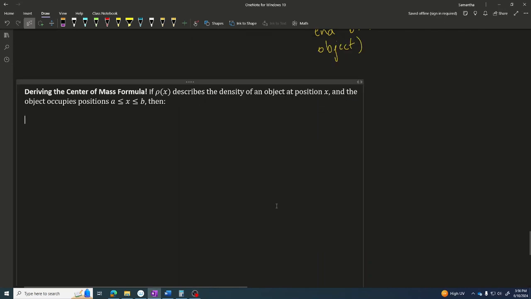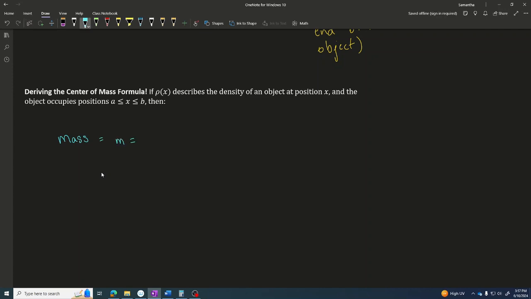If you have an object with a density function rho of x, which could be doing anything, and the object that you are working with occupies positions between what we can just generically call A and B, then if you want to find the total mass of the object, which I will call M for short, all you have to do is integrate from A to B density dx.